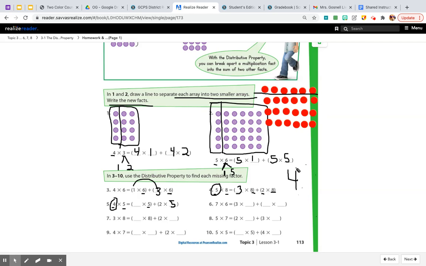And looking at 4, how can I split that? Here they have 2. So this is pretty simple. They split this with 2 being one of the numbers. So what can I add to 2 to get 4? 2. Notice how 2 and 2 equal 4.